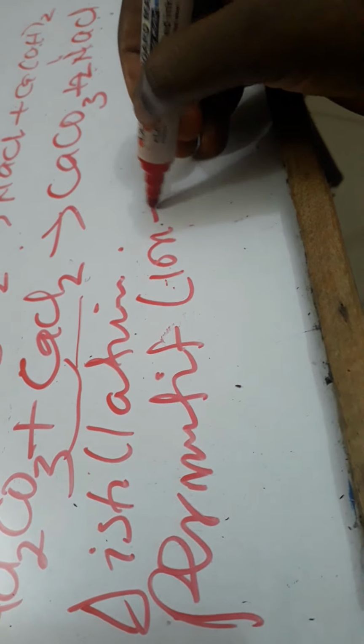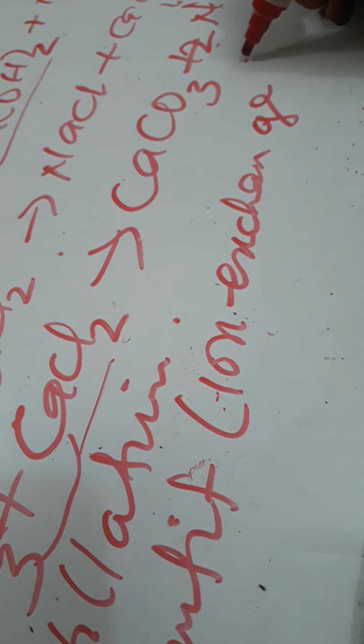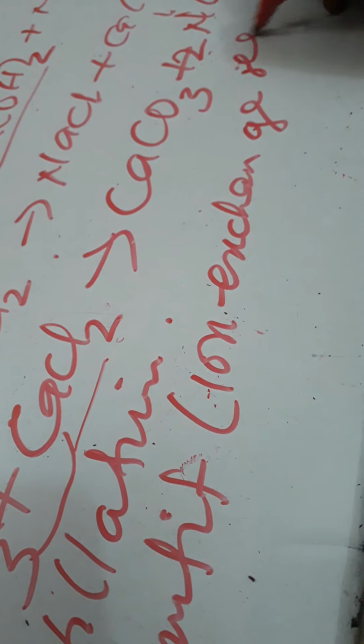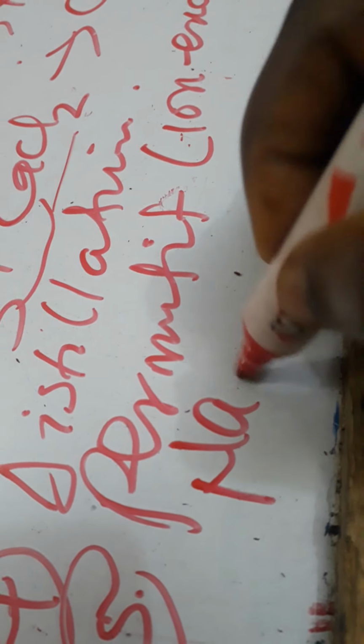Ion exchange resin contains sodium aluminate, and so it's like a sodium aluminosilicate form, and the surface is usually coated with sodium ions, also known as sodium zeolite.